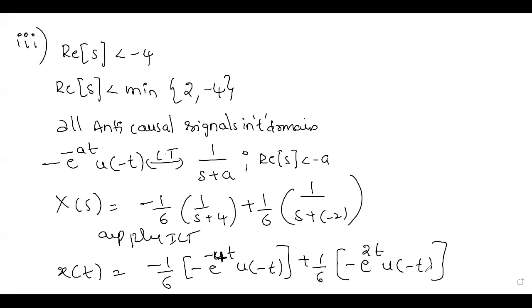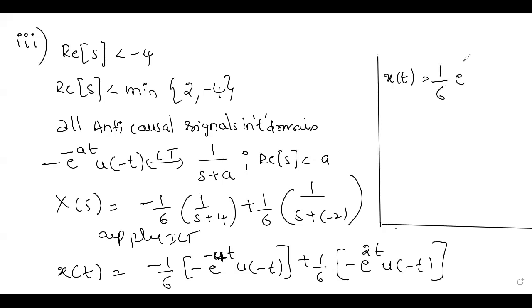If you want, you can simplify minus and plus. Finally, x of t is plus 1 by 6 into e power minus 4t into u of minus t, minus 1 by 6 into e power plus 2t into u of minus t.